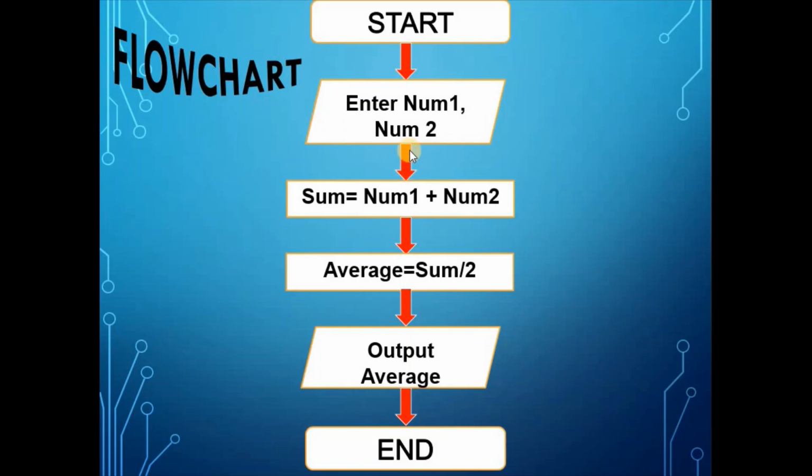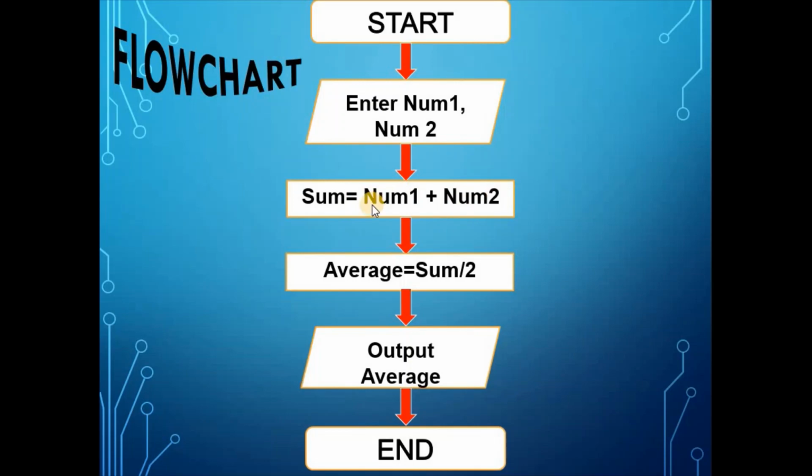The next step was to find the sum of the two numbers that I collected, and so I show the formula that I use. So I said sum equal num1 plus num2, and this is the step after the numbers have been collected. Again, our arrow is there to show that we're moving on to our next step.